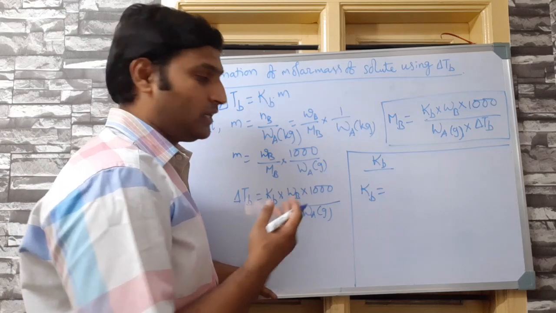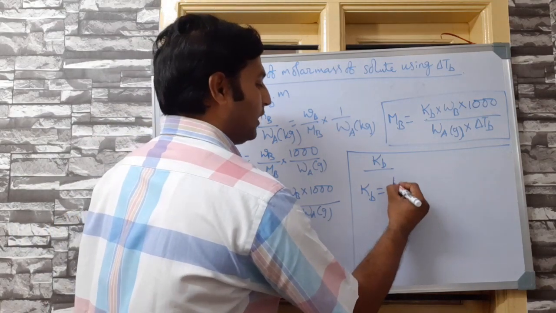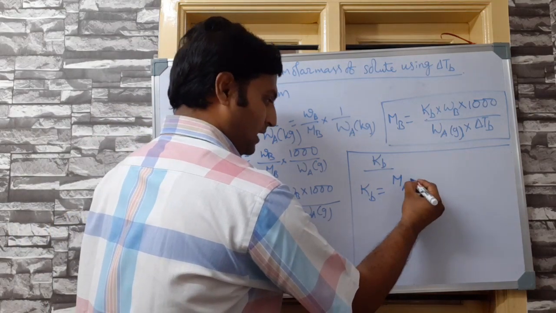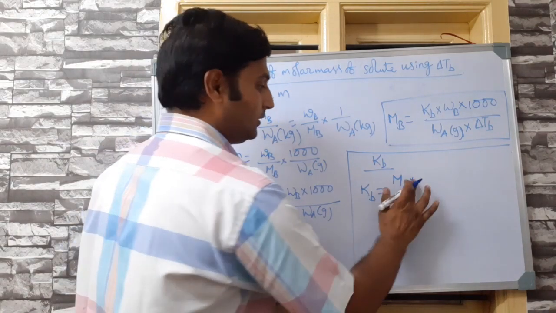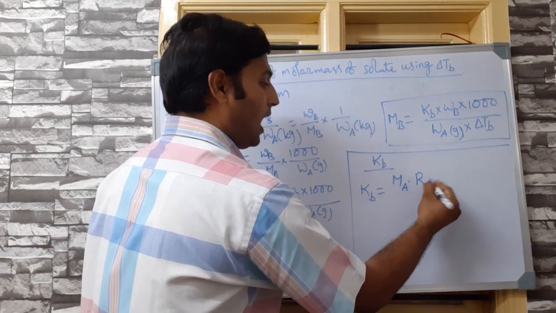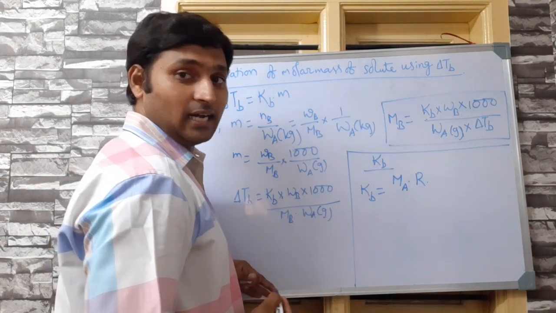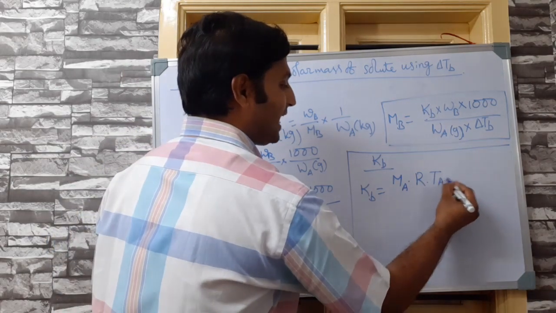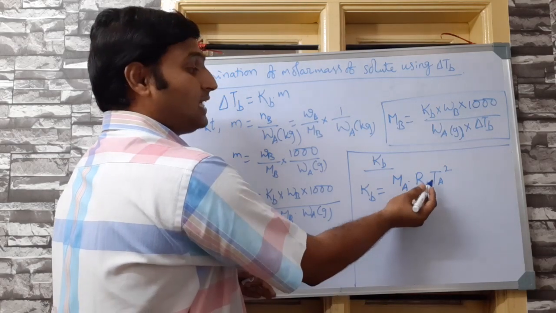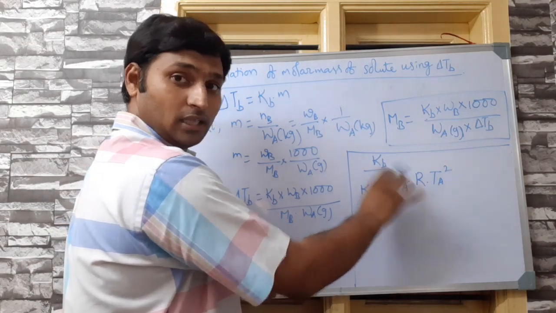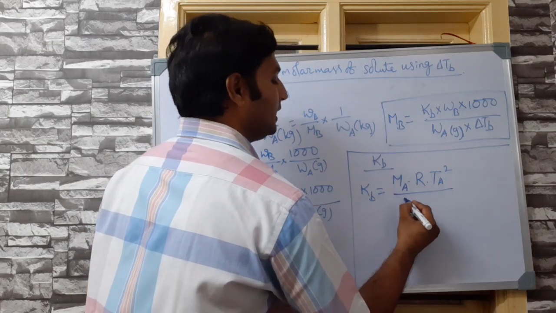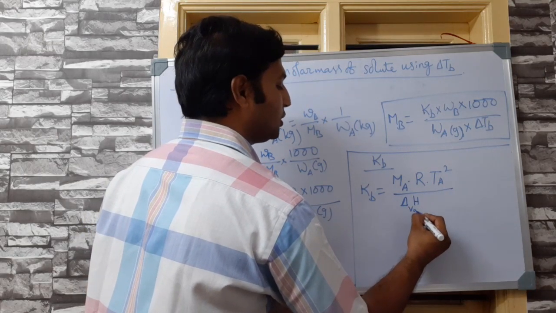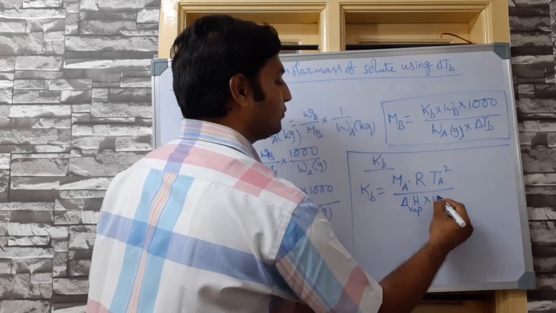Using the properties of solvent, the value of Kb is calculated by the formula Ma into, what is Ma here? Molar mass of solvent into R, that is universal gas constant, into Ta square, where Ta is the boiling point of that solvent liquid, divided by enthalpy of vaporization of solvent into 1000.